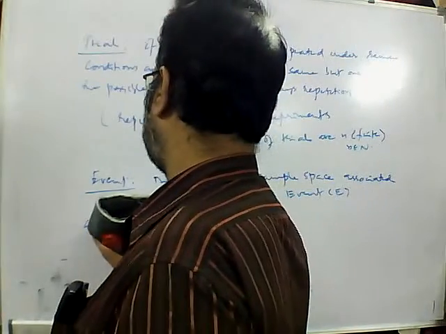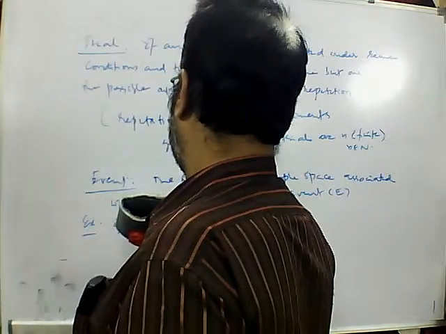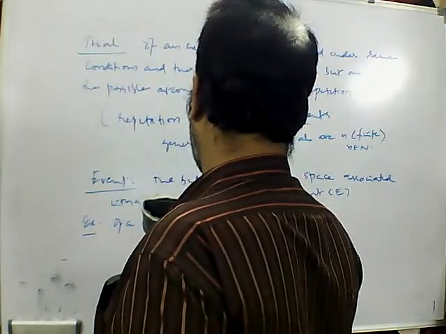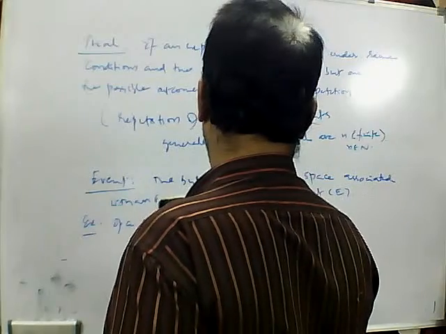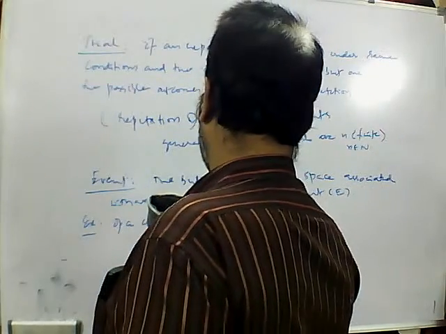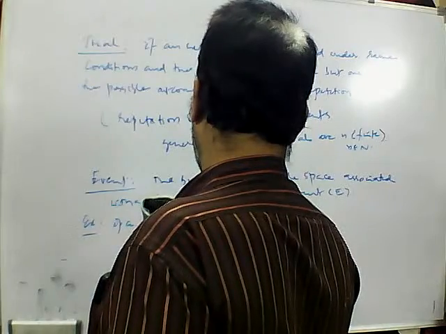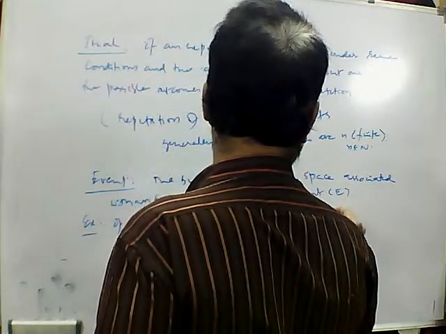For example, if a coin is tossed, S is equal to {H, T}, right? So let the event E be that head falls, head occurs.